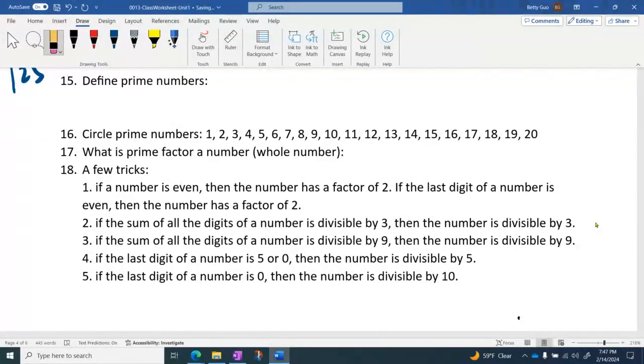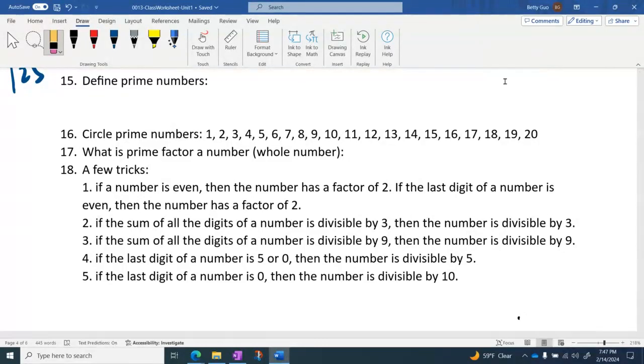That means if the last digit of a number is a 0, then the number is divisible by 2 and 5. It has 2 as a factor and 5 as a factor. I want you to have those conclusions in your notes, because we're going to use them on Monday.